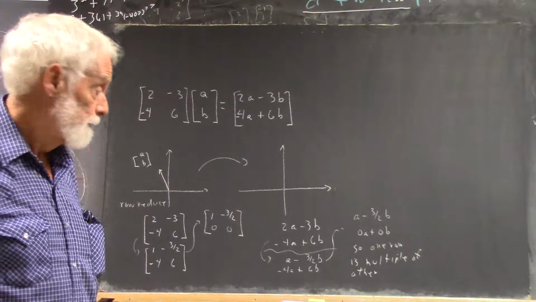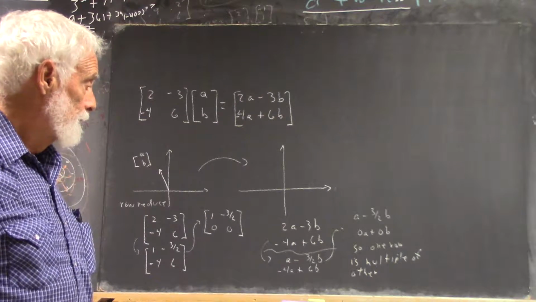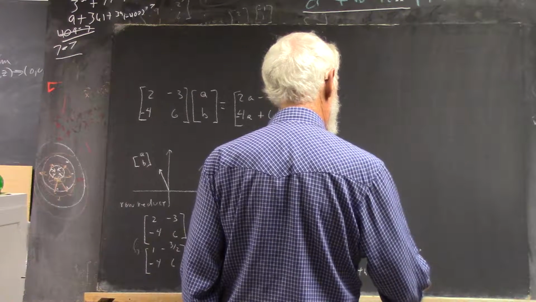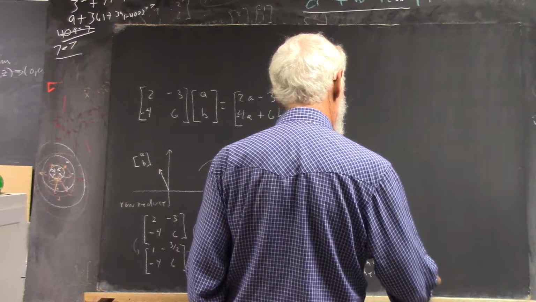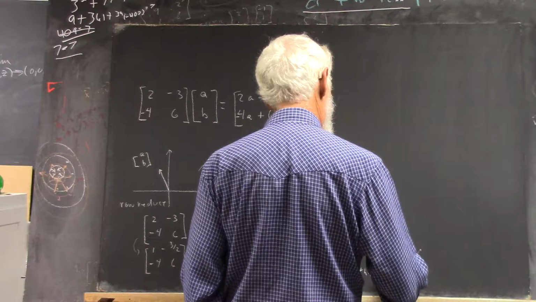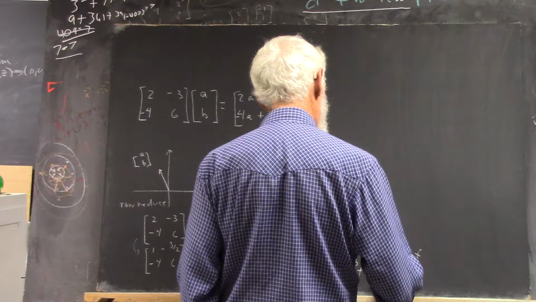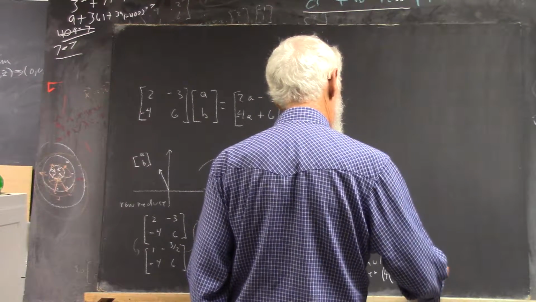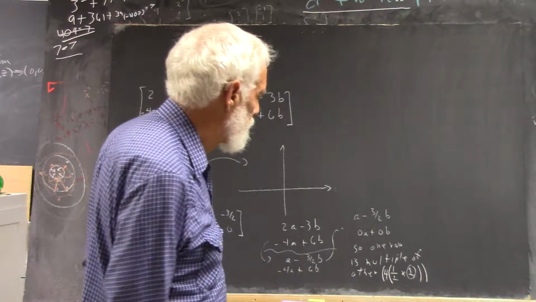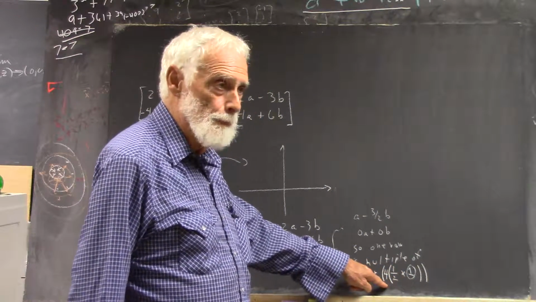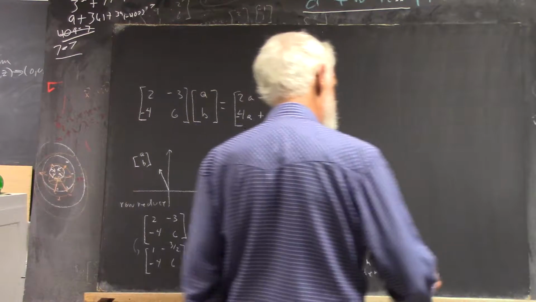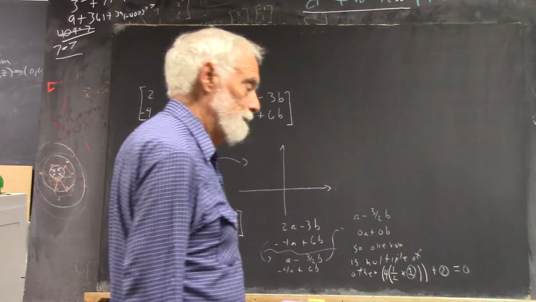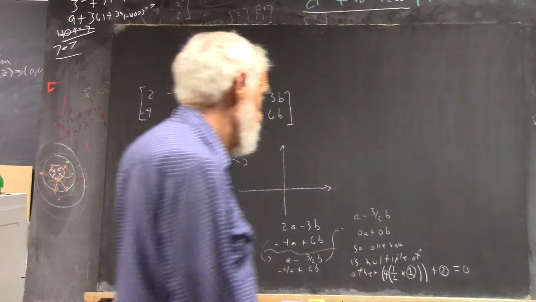If we take half of the first row, multiply that by 4, add row 2, we get 0.